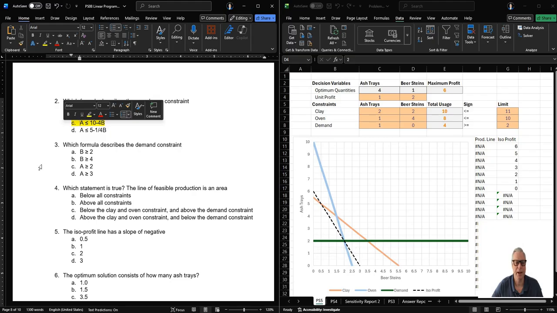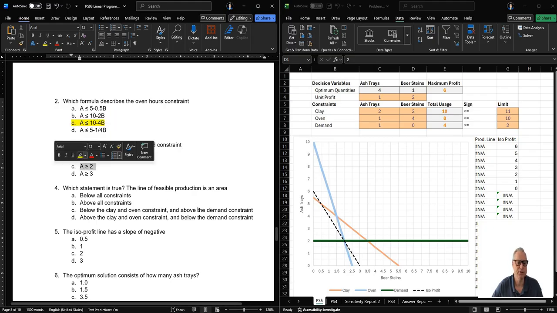That's ashtrays has to be greater than or equal to 2, so that's C. Which statement is true? The line of feasible production is an area below all constraints? No. Above all constraints? No. Below the clay and oven constraint and above the demand constraint? That's correct.